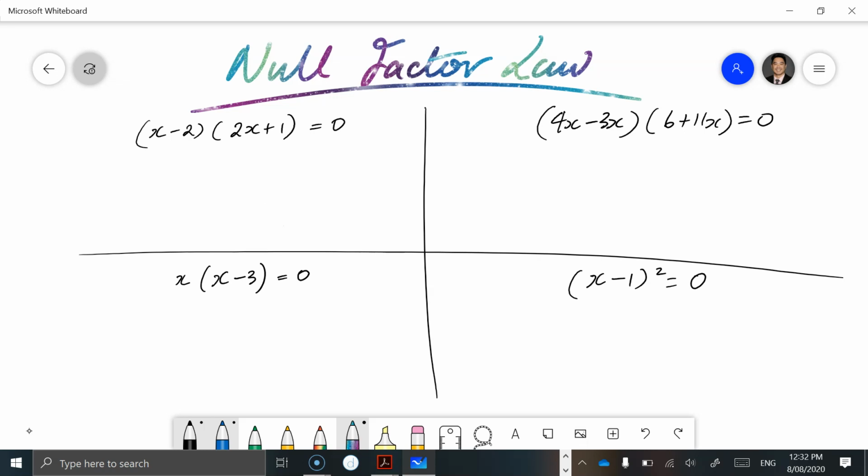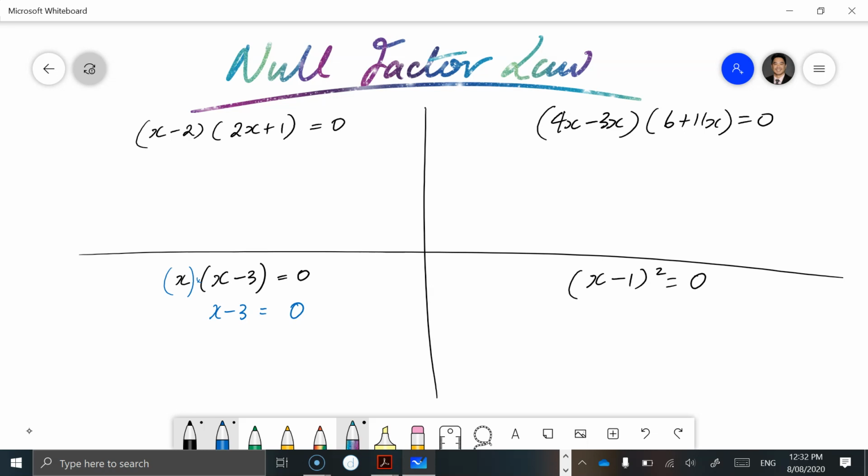If we looked at this top part here, no, actually we'll start with the bottom left. So we've got x multiplied by x minus 3, and it's equal to 0. Now these two are multiplied with each other, and if you divided both sides by x, then you could have x minus 3 is equal to 0, because anything that you divide 0 by is just 0.